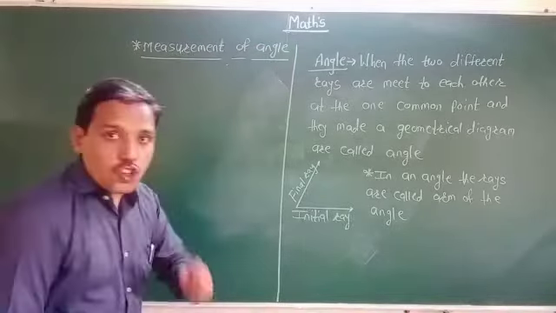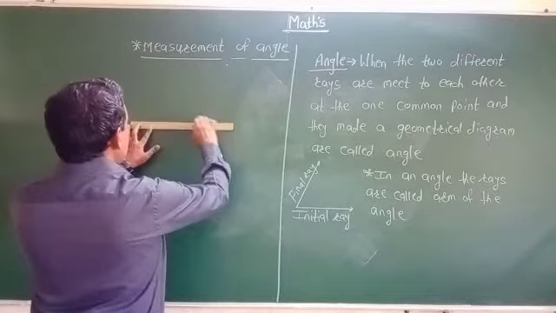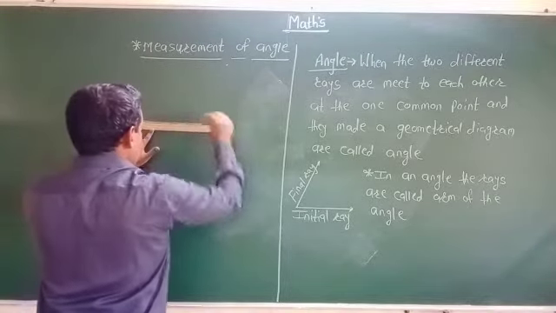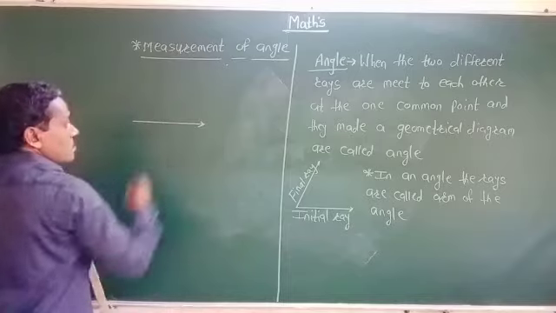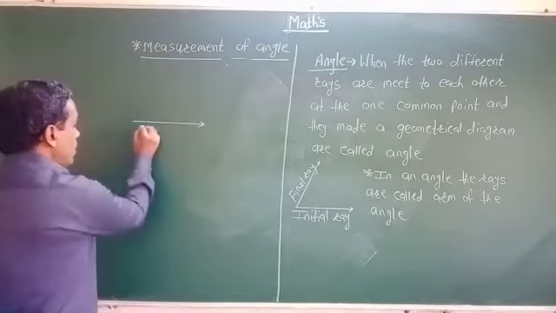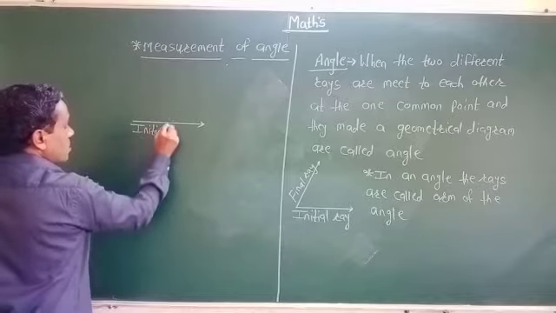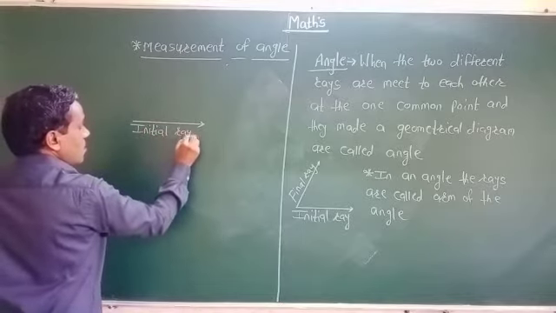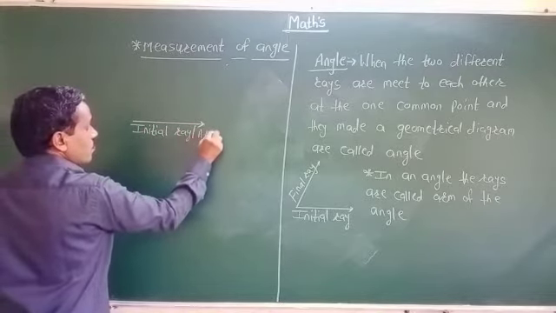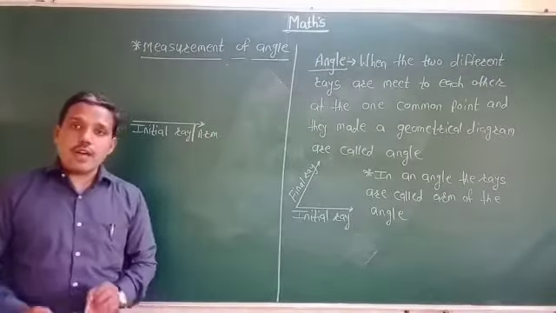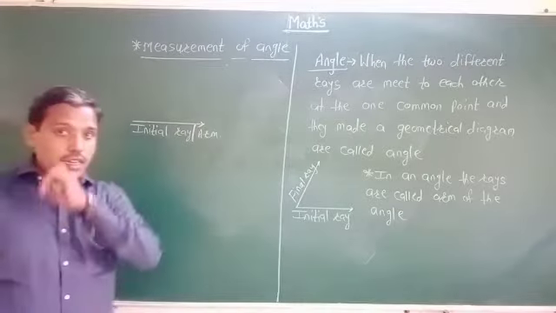Measurement of angle. So we first draw only the initial arm. So this is the initial ray or arm. We can also say it is the arm. It is the initial ray or it is the arm.